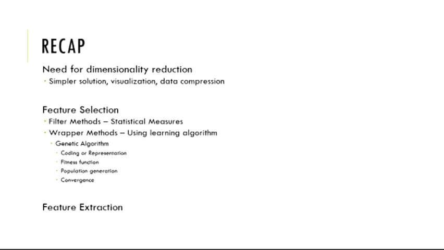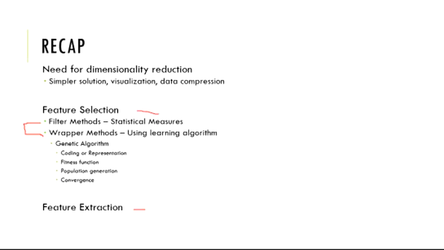There are two methods by which we can do dimensionality reduction. The first one is the feature selection, and the second one is feature extraction. In feature selection, we've got two kinds of methods, filter methods or wrapper methods.